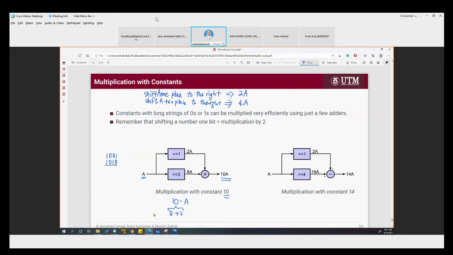Remember when we did the IEEE format, we have a number, let's say 1001. If we shift one place, that will be 0010, 10010.